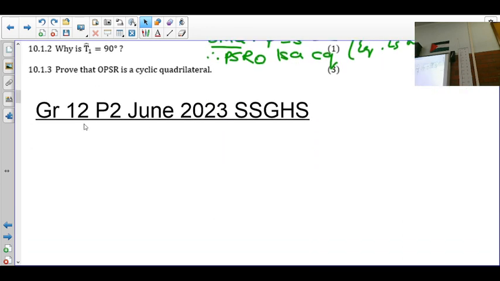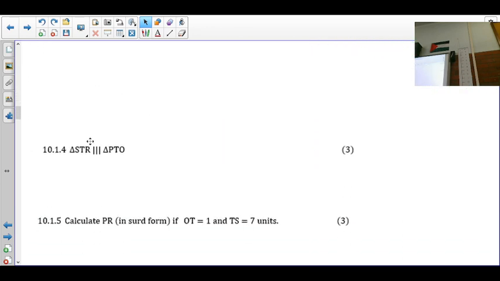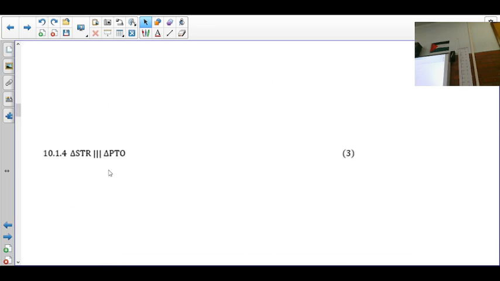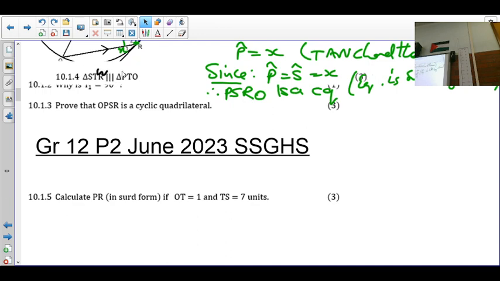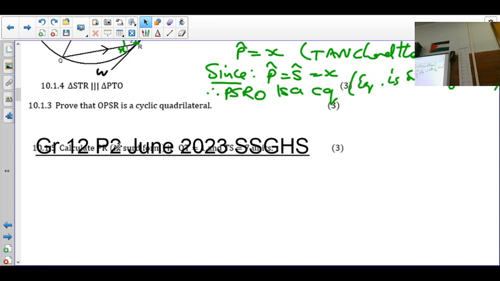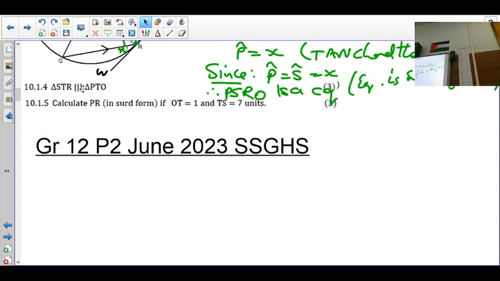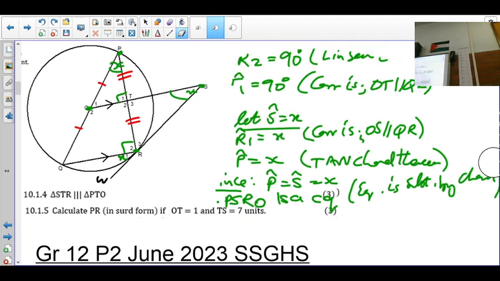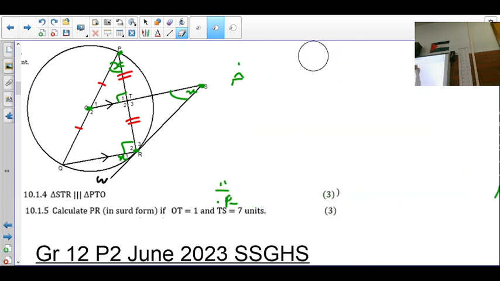I'm not going to draw a circle around it because I don't want to overpopulate the diagram. There's two more questions here, so let's pull this up a bit. 10.1.4. Let's take this off here. Everything I have calculated already or proven, I've put it on the diagram. You guys will make that a habit as well, okay?